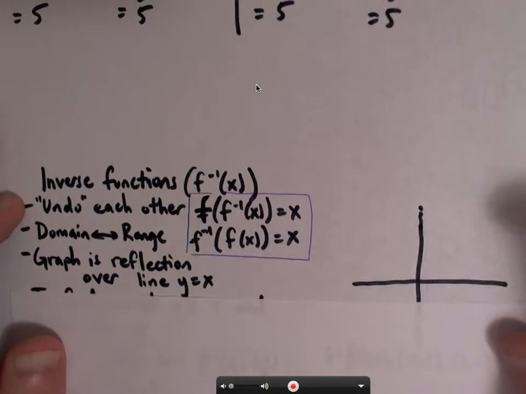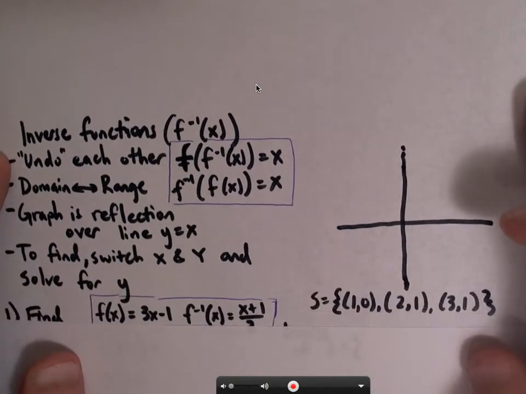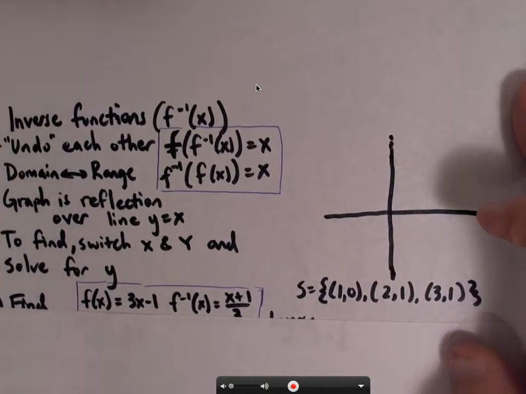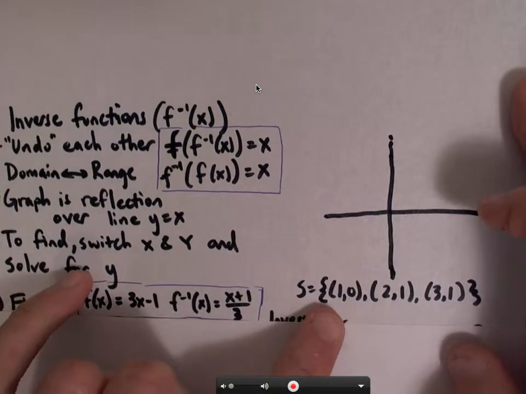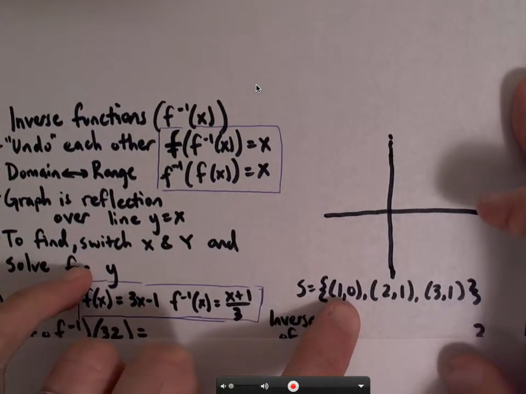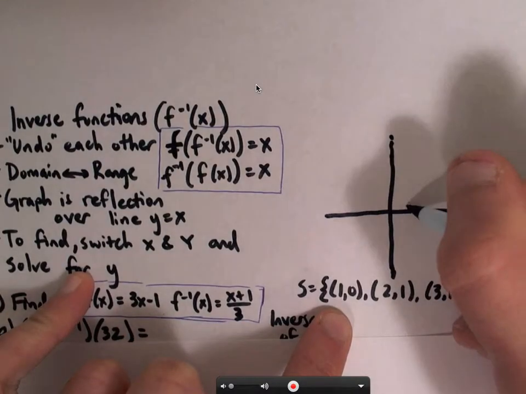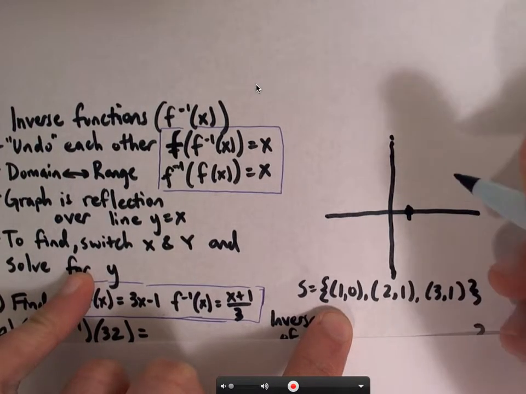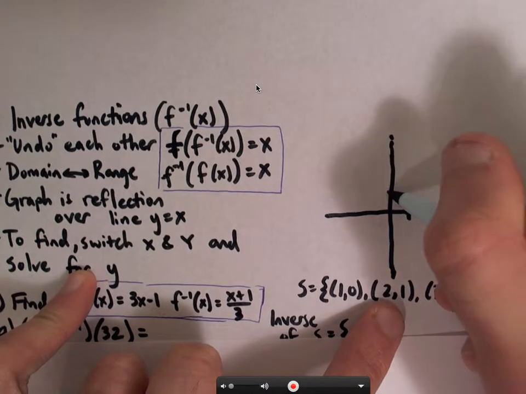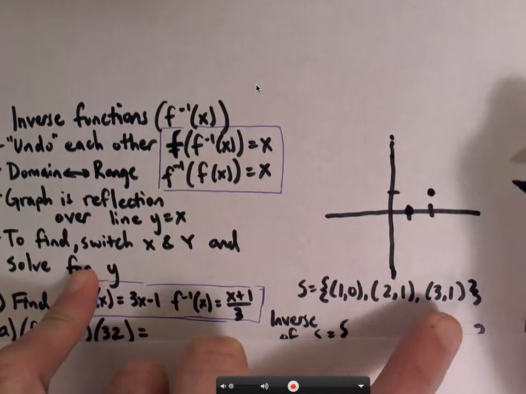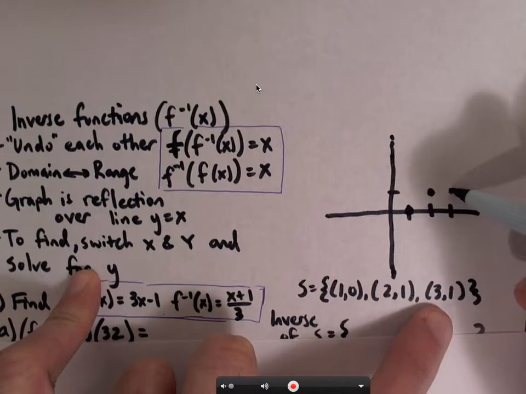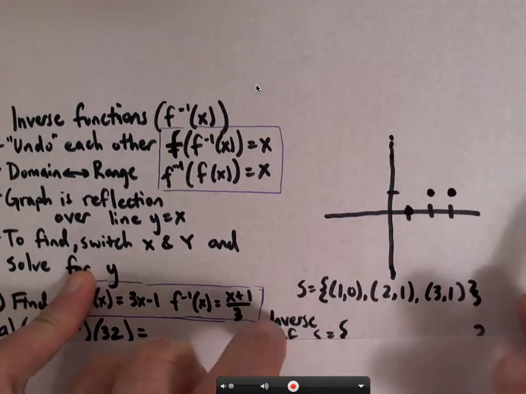So let me just demonstrate that over here briefly. Let's say we have a function, a relation. S is (1, 0), (2, 1), (3, 1). So 1 goes to 0, 2 goes to 1, and 3 goes to 1. All right, that's S, these 3 points.